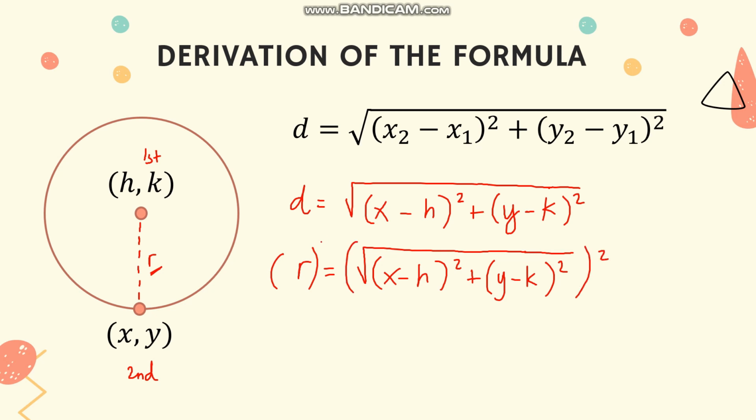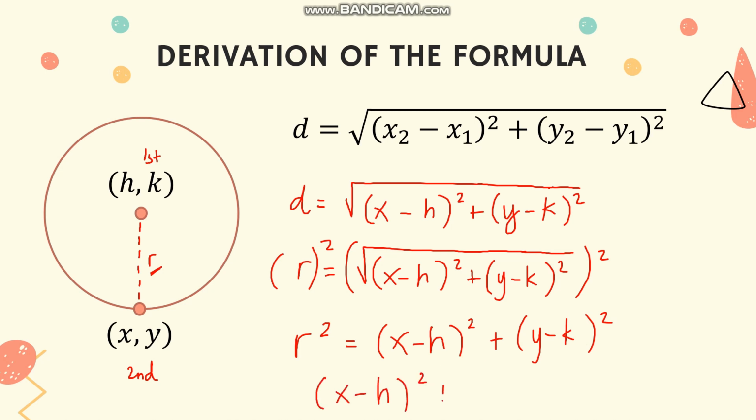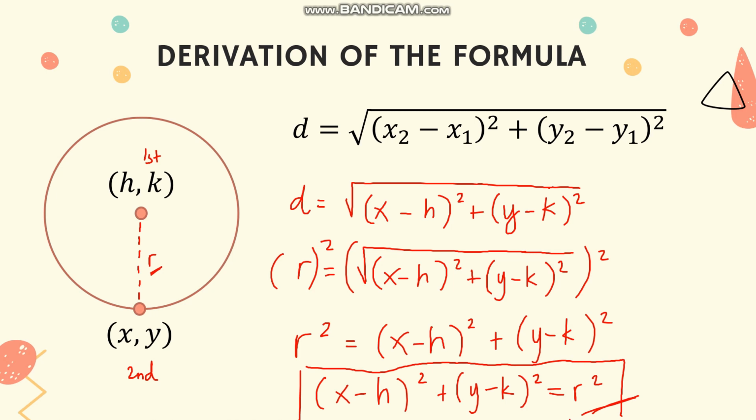So we have r² = (x − h)² + (y − k)². Now, we can just flip this. We will have (x − h)² + (y − k)² = r². So this is now the equation of the circle. This is how we come up with the given formula. We use the distance formula to get it.